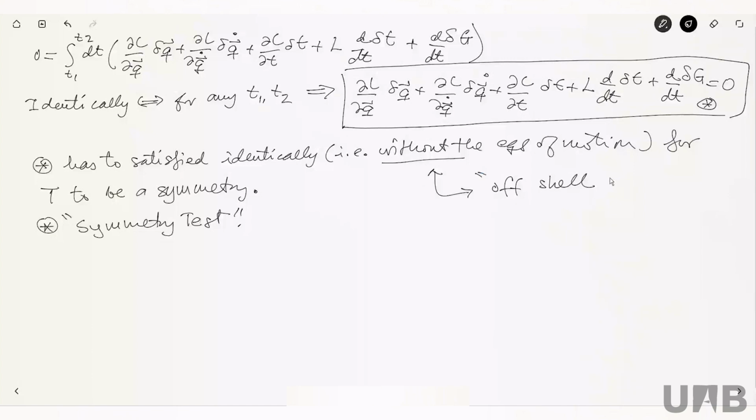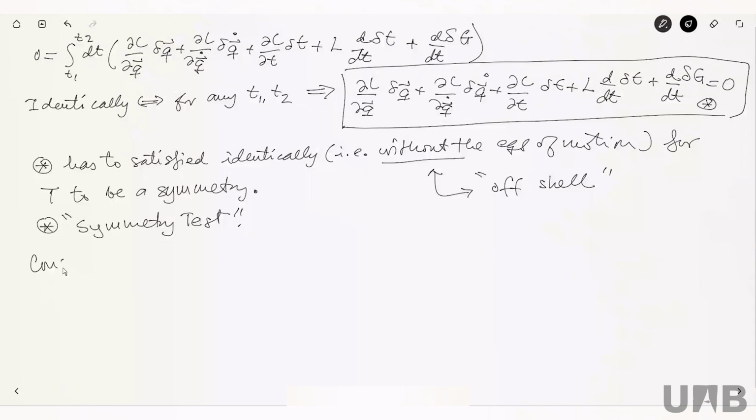I'm not going to use this nomenclature, but I let you know, because some books talk about the equations being satisfied off shell or on shell. On shell would be using the equations of motion. So this has to be satisfied without using the equations of motion, therefore off shell. Okay, now we're going to see the consequence.